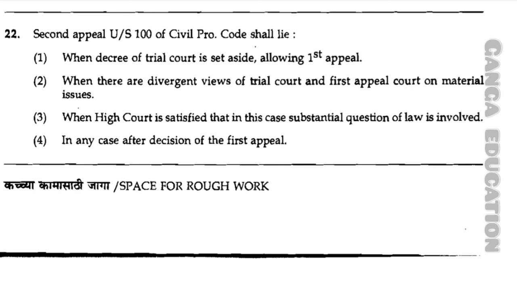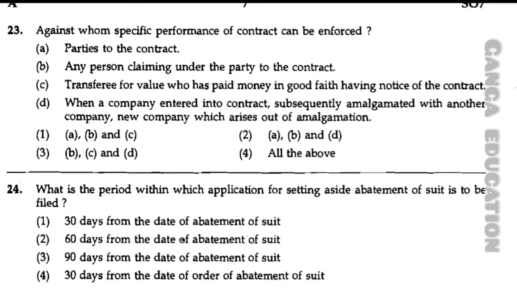Option number 3, when High Court is satisfied that in this case substantial question of law is involved. Option number 4, in any case after decision of the first appeal. And the correct answer is option number 3, when High Court is satisfied that in this case substantial question of law is involved.